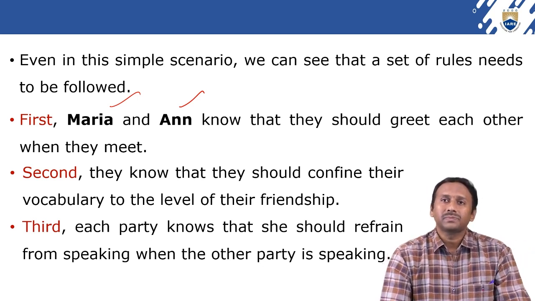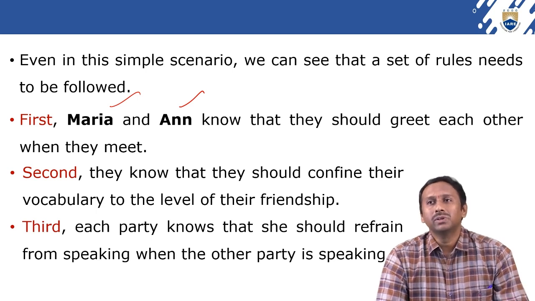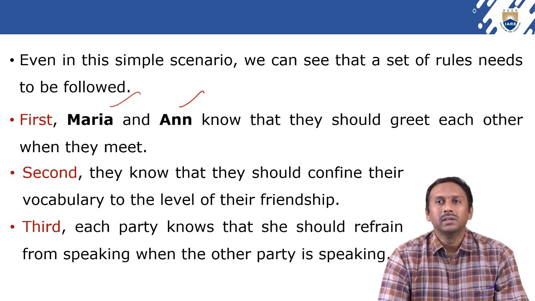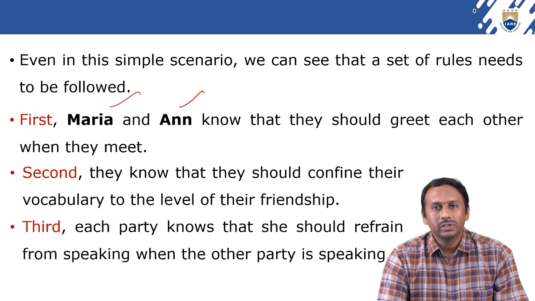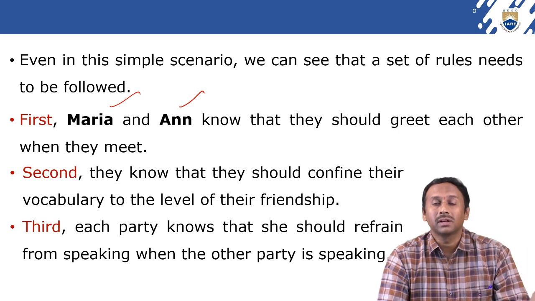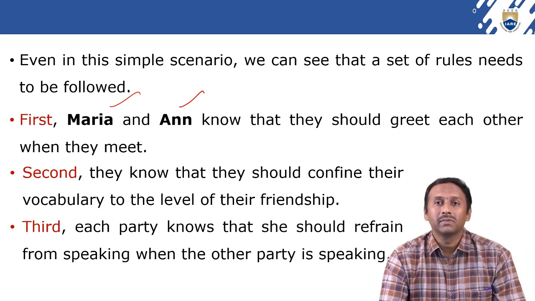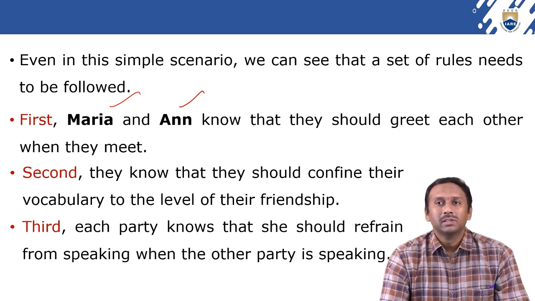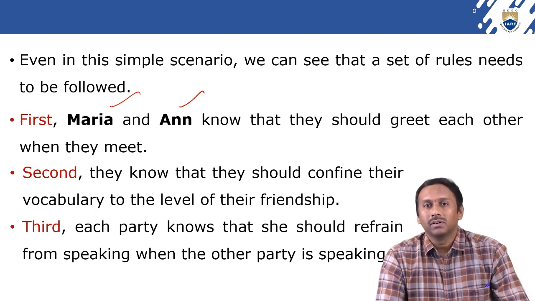And second, they know that they should confine their vocabulary to the level of their friendship, because they are neighbors and good friends, and their mindsets are very similar, having a lot of common ideas.